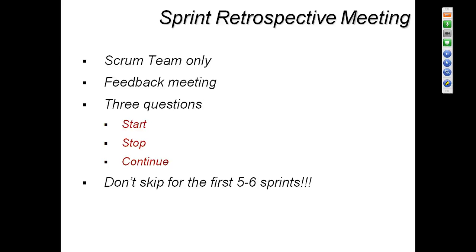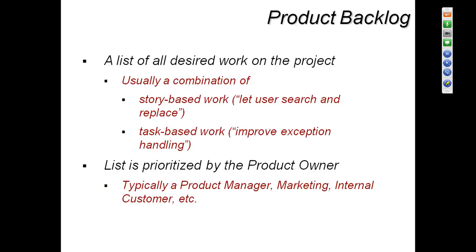On these three points, everybody will tell their own thoughts. That is the sprint retrospective meeting. The Scrum master, product owner, all team members, and client people may also get involved.